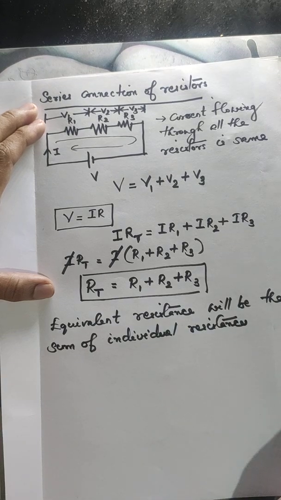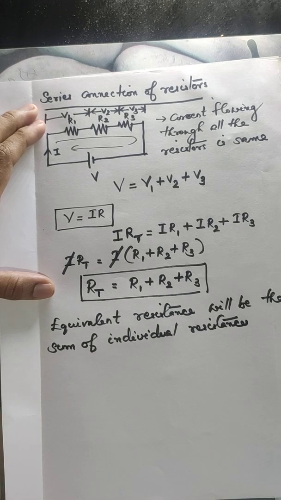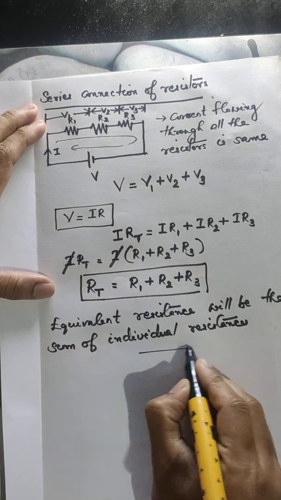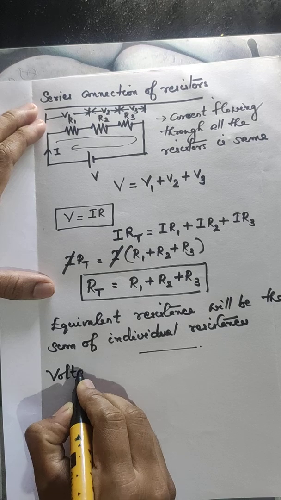So always keep this point in mind. For series connected circuits, total resistance is the sum of individual resistances. So now let us move on to the voltage division rule.